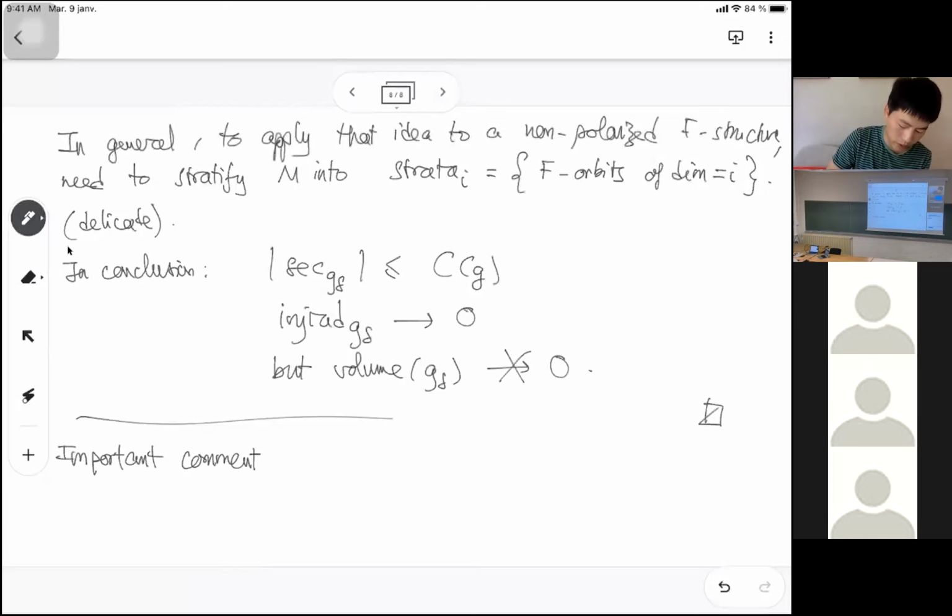is the following. By the way, the F structure was constructed by Cheeger and Gromov. The F structure is a structure that only sees what's happening on the scale of the injectivity radius of your manifold.